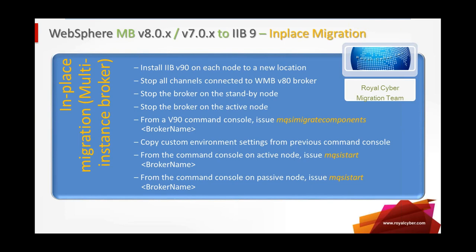After that, you have to stop the broker on the active node. Then you have to run the mqsimigratecomponents command on your active node. Then you have to again do your custom environment settings, what you had done in the older broker, right? And then from your active node, you have to issue mqsistart for the broker, and then go to the passive node, and from there itself issue mqsistart for the passive node. So these are the steps for the multi-instance broker in-place migration.